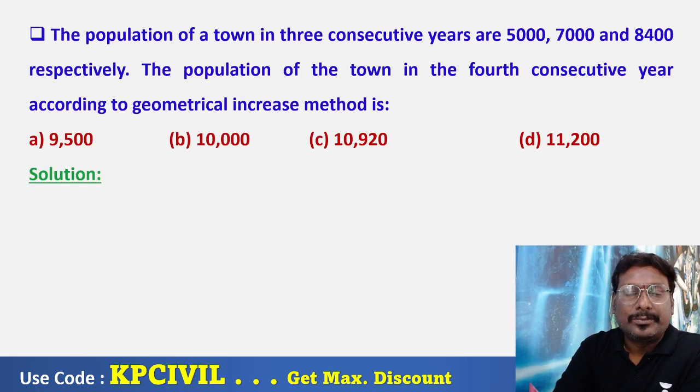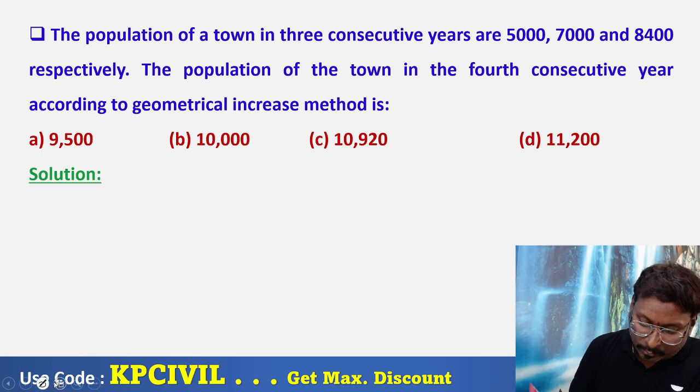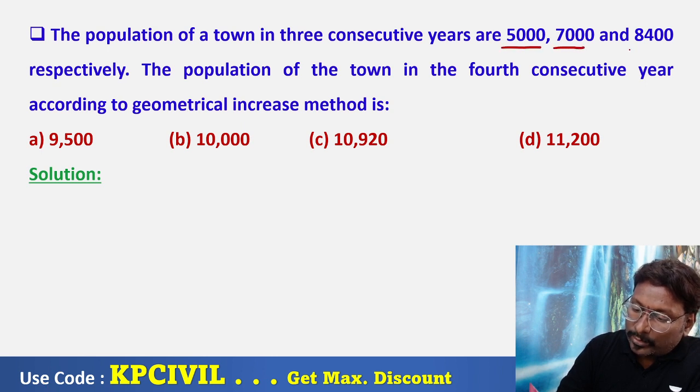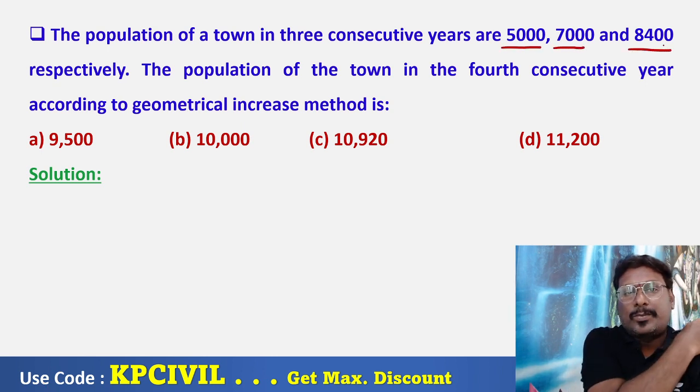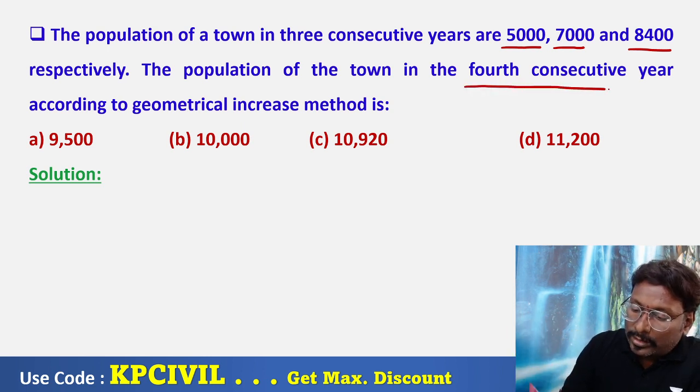Now, the population of a town in 3 consecutive decades is 5,000, 7,000, 8,400 respectively. Find the population of the town in the 4th consecutive decade.